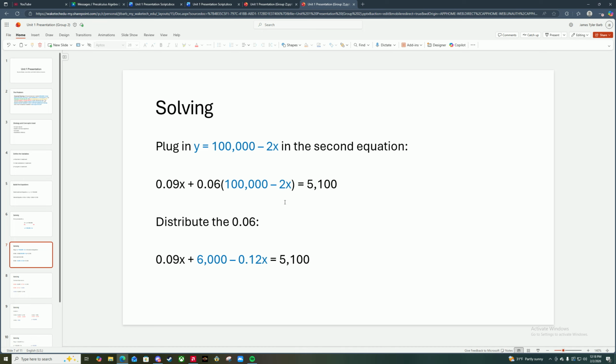So we get 6% times 100,000, which equals 6,000, and then 6% of 2x is 0.12x, or 12% x.